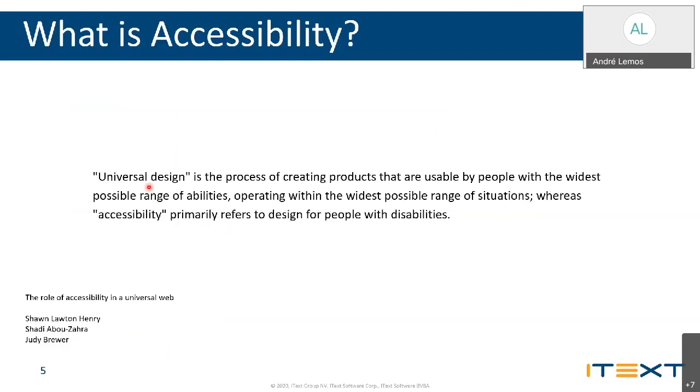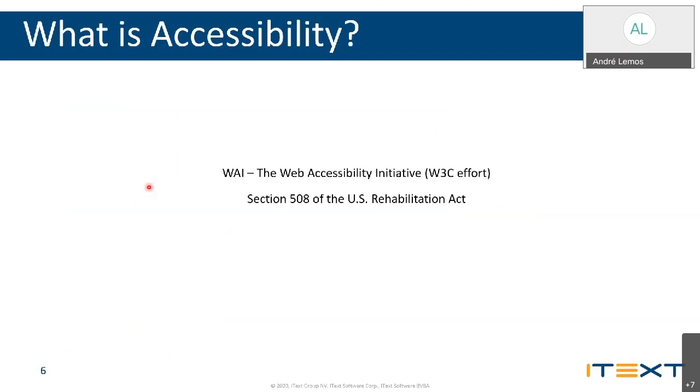So I think that should about cover what accessibility is. The takeaway from this slide is don't just think about people with physical disabilities when you think about accessibility, but rather about making your content available in the widest possible range of situations.